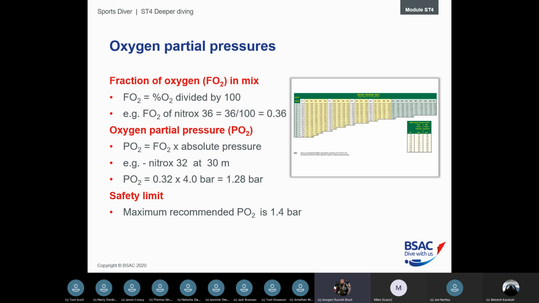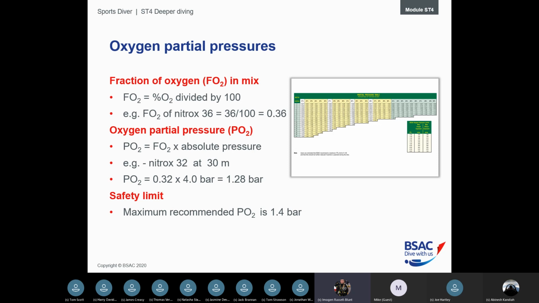It is literally just a fraction. So if you've got nitrox 36, that's 36% of oxygen. So it's 36 out of 100% that's oxygen, so it's 0.36. That's just a fraction of it. It's like if you got 36 in a test out of 100, it's just a fraction. That's pretty simple.